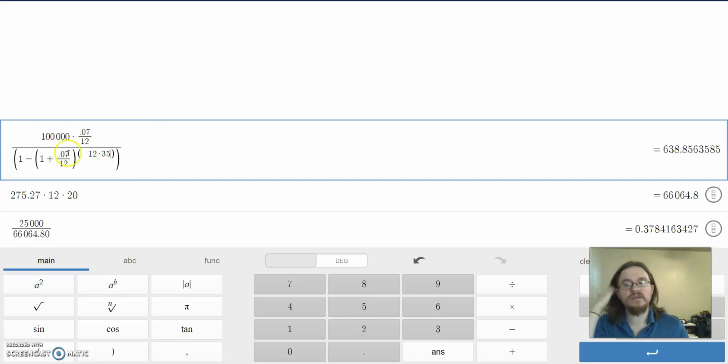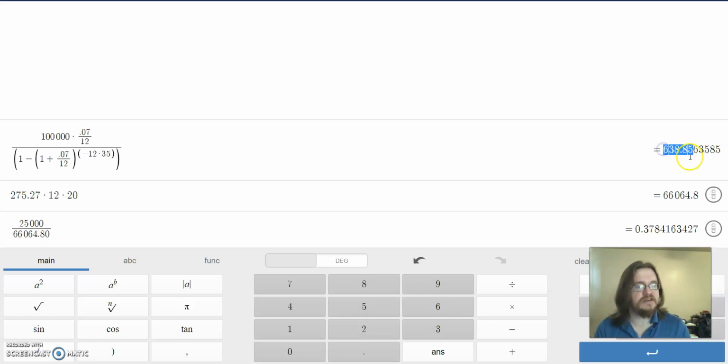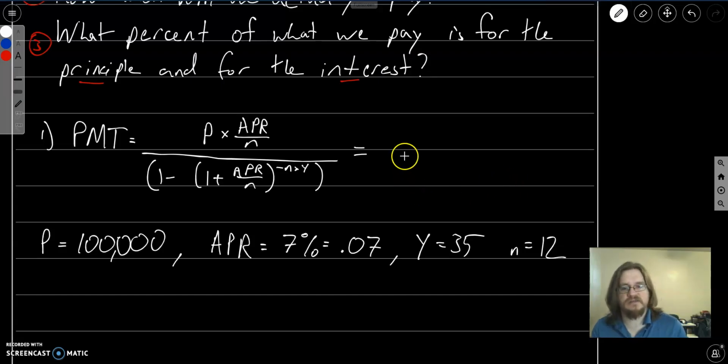So to pay back a $100,000 loan, we are going to need to pay $638.86 if we round to the nearest cent. So this is going to be our monthly payment.